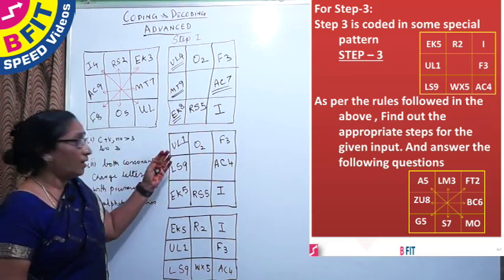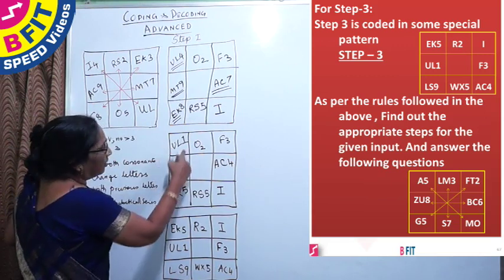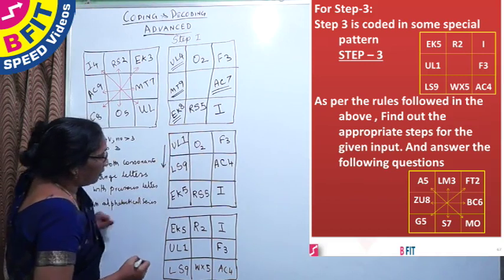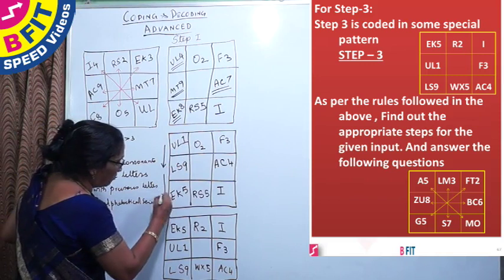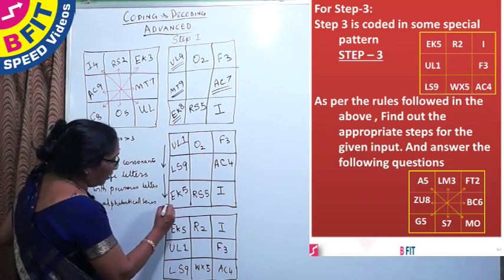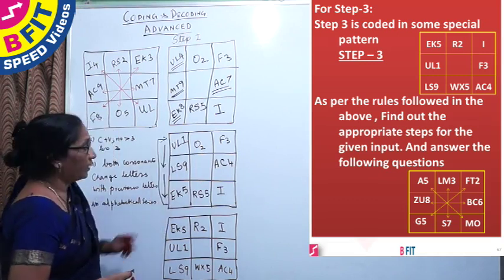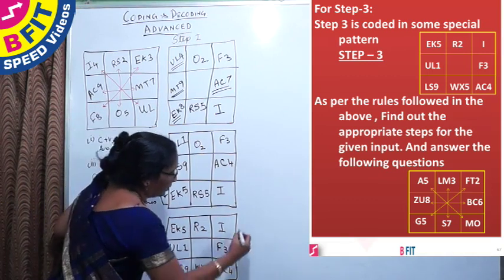So we can see the rule that can be followed would have been this, that first row, first column is being shifted to the first column in the second row, first column in the second row comes to the first column in the third row, and whatever is in the first column third row goes to the first column first row. The same is followed in the last column also.